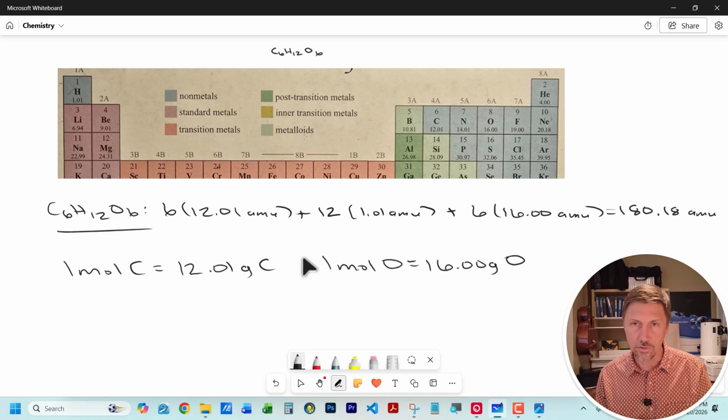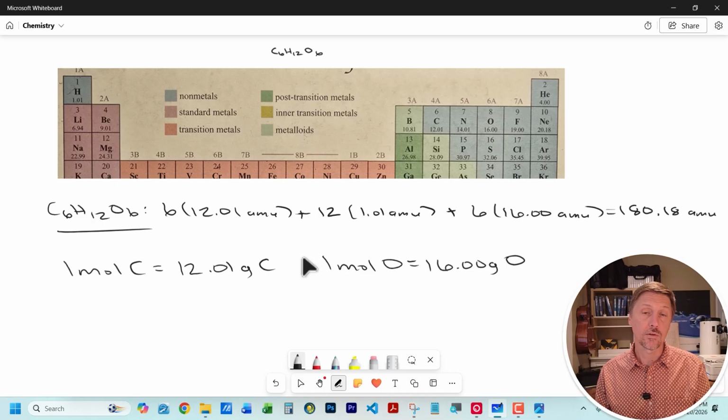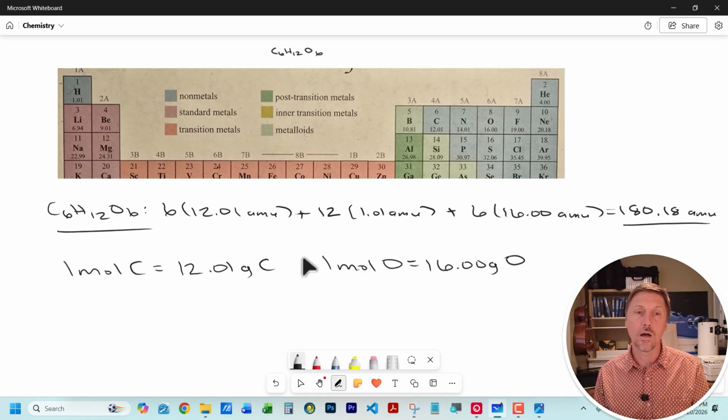Because that's true for each of these elements on the periodic table, now that we found the atomic mass in AMU of C6H12O6, that means the mass of 1 mole of C6H12O6 is that value, but in grams.